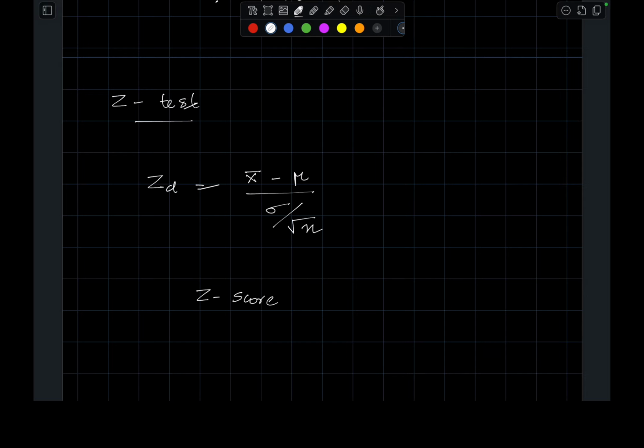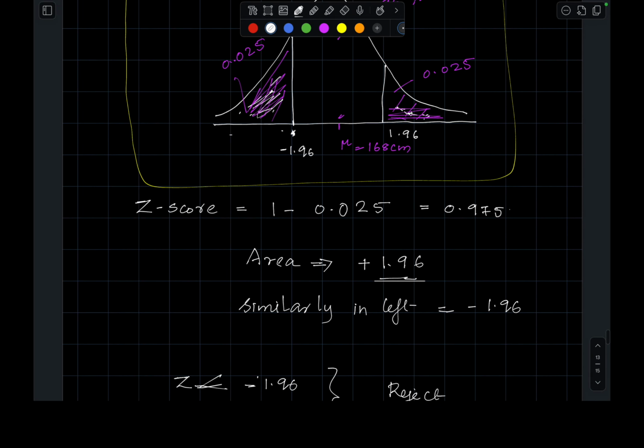I understand the confusion, because initially I said the z value. Z value and z score are the same, but the z value which we considered earlier, when we started off here, we calculated the z score, right?